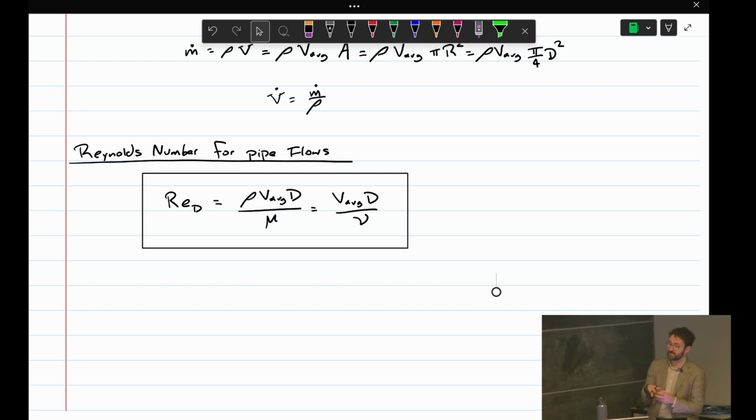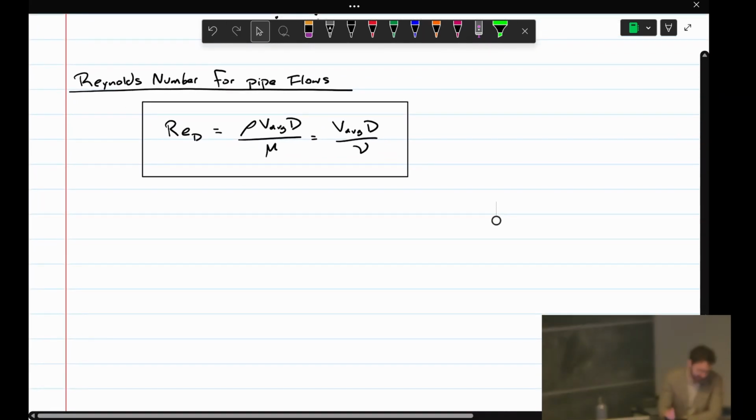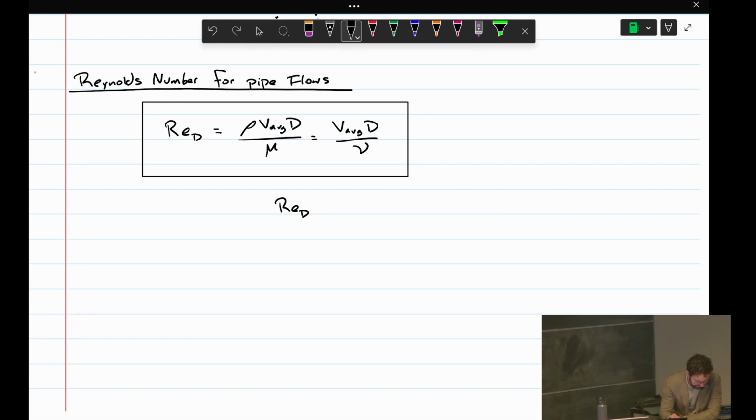It's called the same thing, but it's completely different. So don't think about external flow Reynolds number at all when you're doing this. We're going to talk about the following criteria. If Reynolds number is less than about 2300, we get laminar flow.